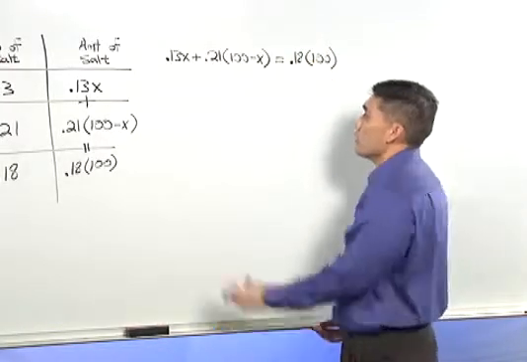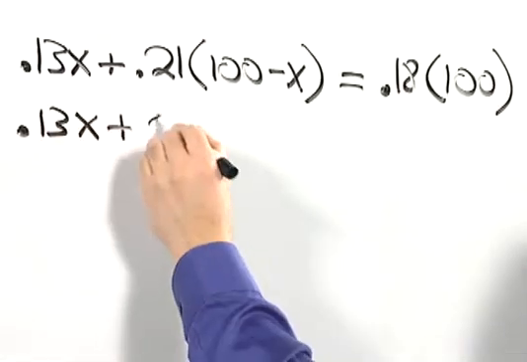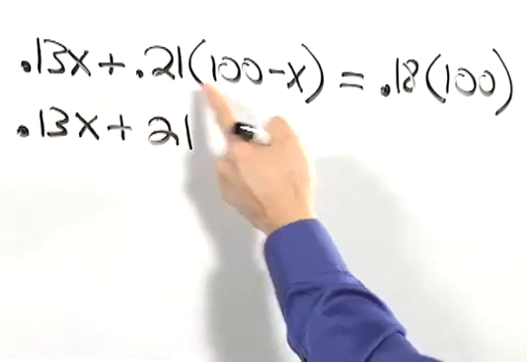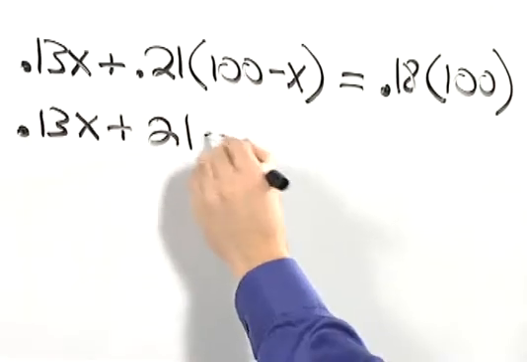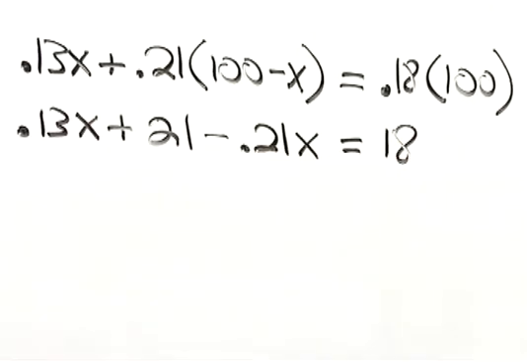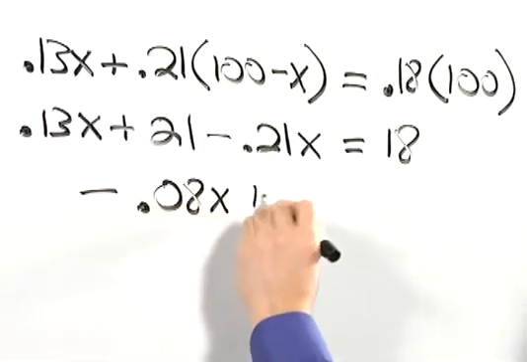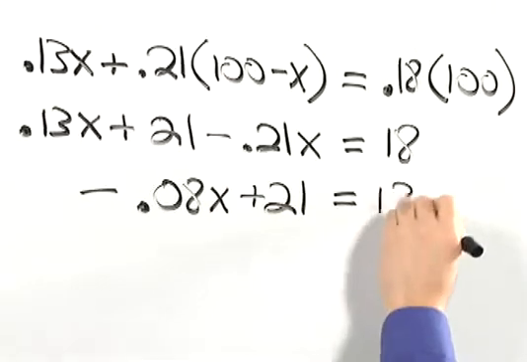Let's multiply this out. 0.13x plus 21, when we multiply 0.21 times 100, minus 0.21x equals 18. Combining the like terms, negative 0.08x plus 21 equals 18.